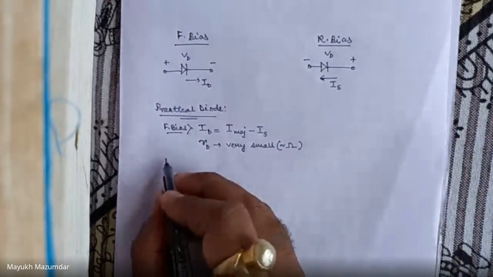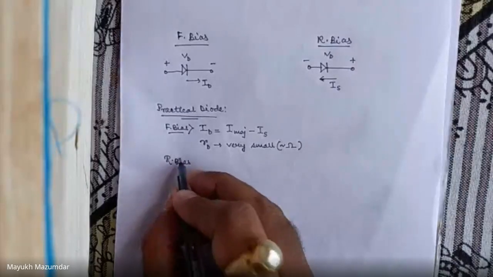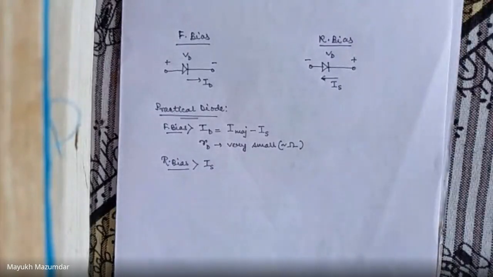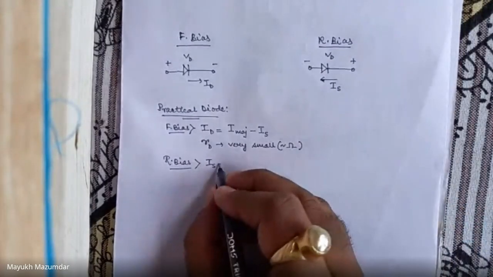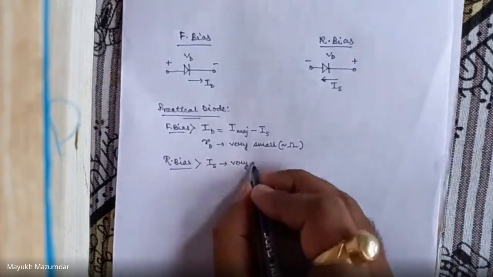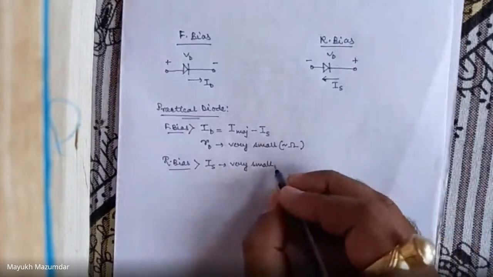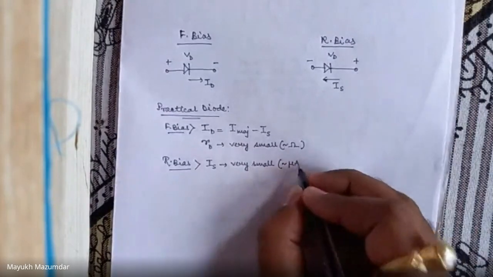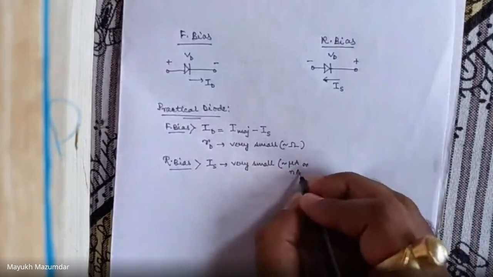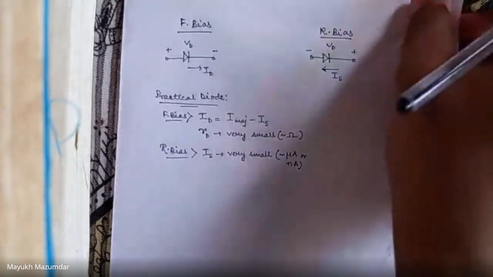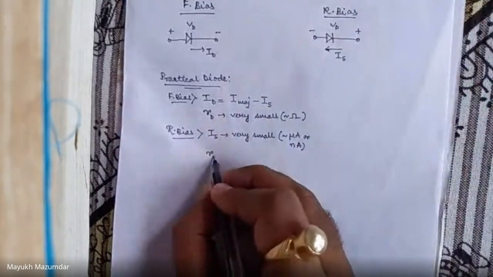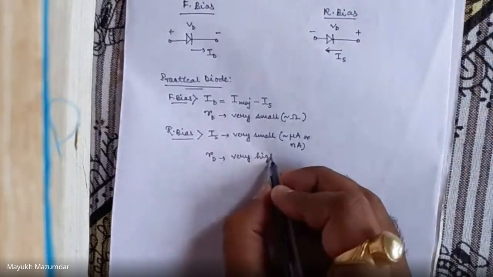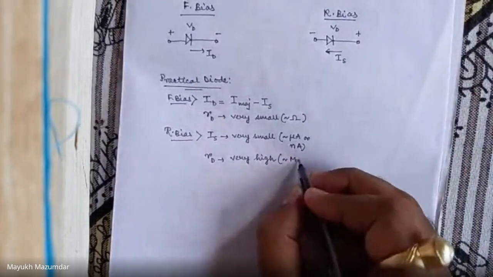What happens in the reverse bias? It has a very small amount of current flowing, which is very small. These small currents don't count unless we give an estimated value, of the order of microampere or nanoampere, depending on the diode you're using, but not zero. And the resistance that it offers in the reverse bias is very high, as high as, say, mega ohm.